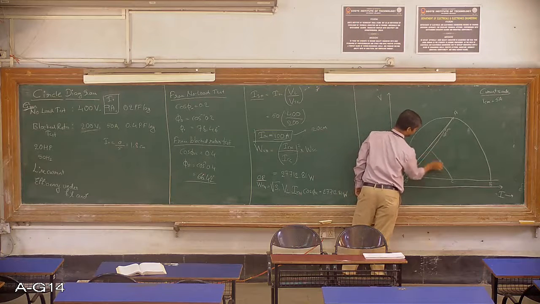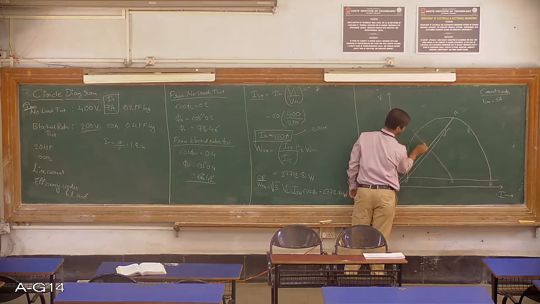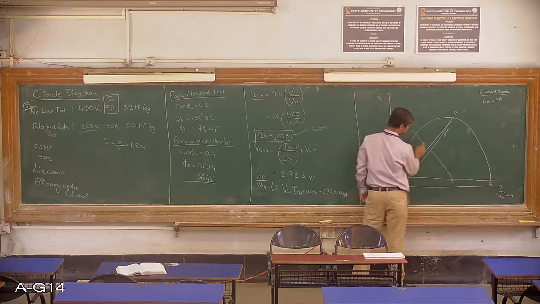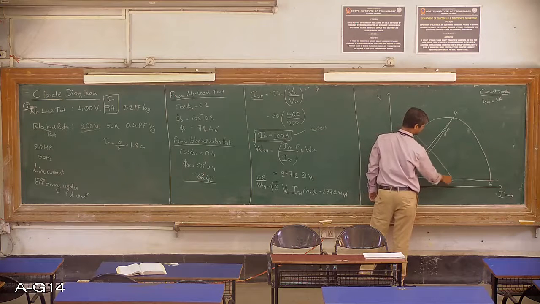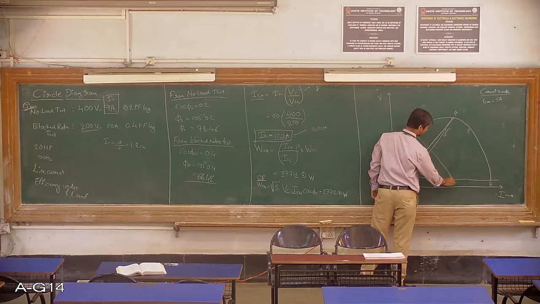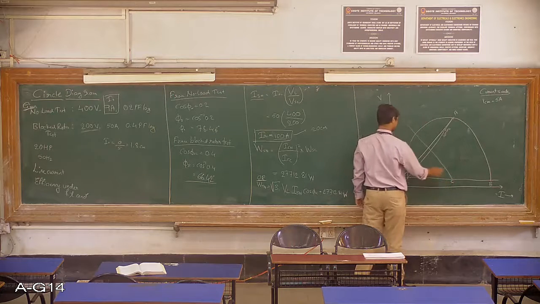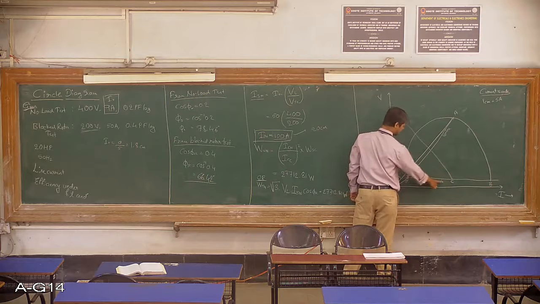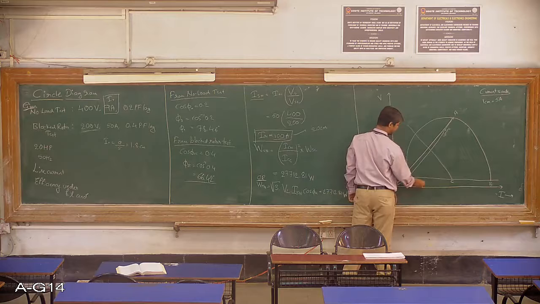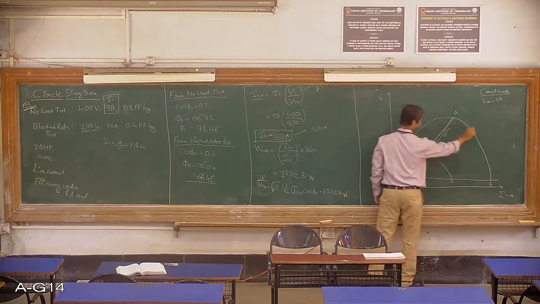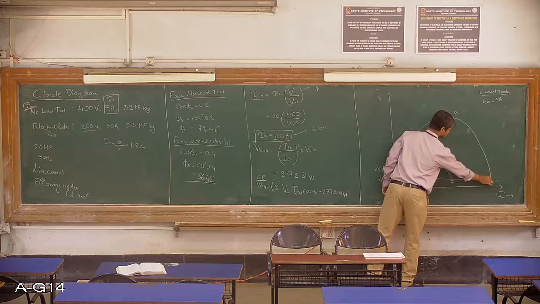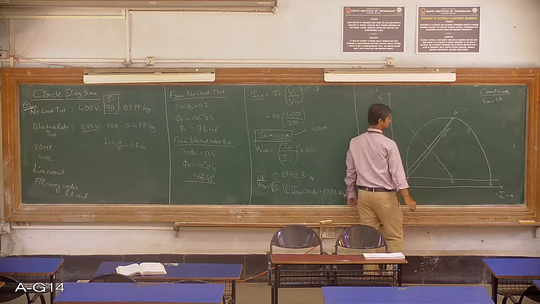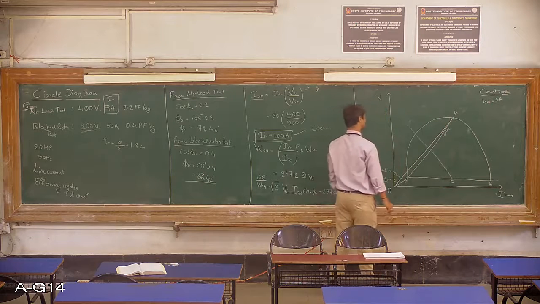And extend the line till it reaches the line O dash B. Now this point will be the center of the circle and name it as point C. And keeping this as the center and taking O dash C as the radius, draw a semicircle till it reaches the point B on the horizontal line.